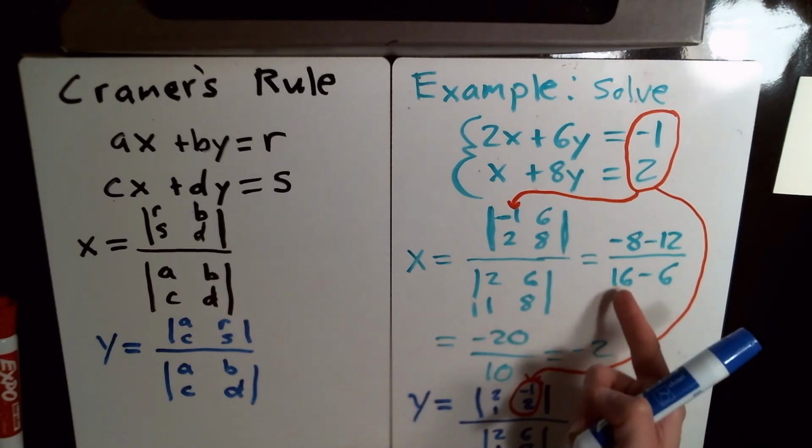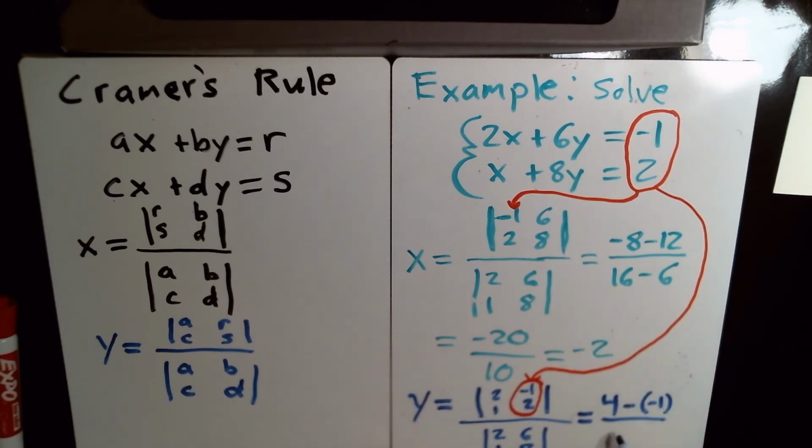The bottom one was 16 minus 6, which is just 10. So we've got 5 over 10, which is the same as 1/2. So I'll put here y is 1/2.